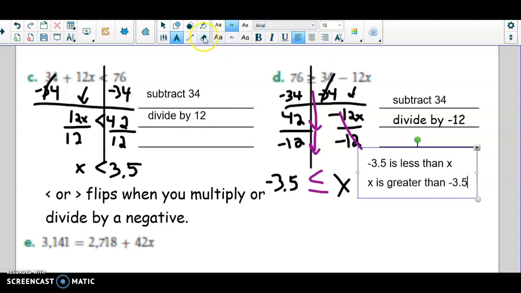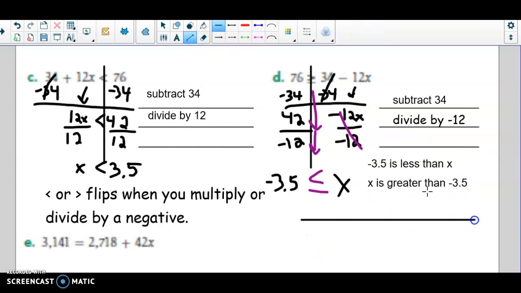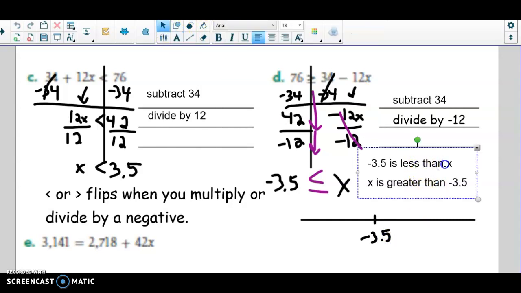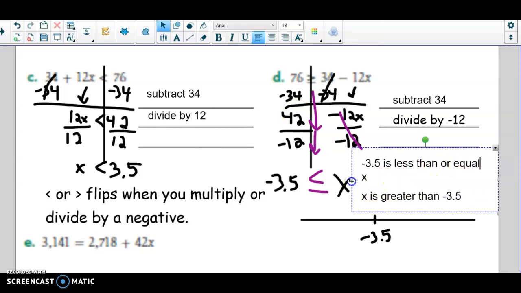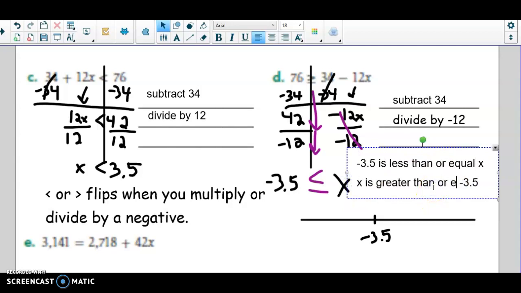So you have to think about, if we had a number line, here's our number line, and on our number line we have a negative 3.5. What numbers are greater than, really we should say greater than or equal to, negative 3.5?